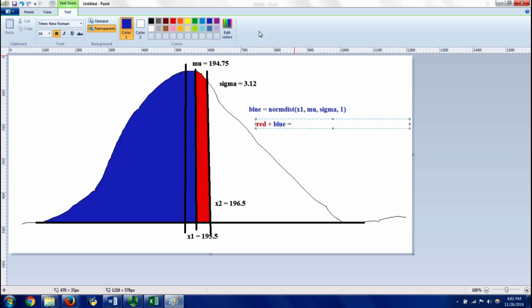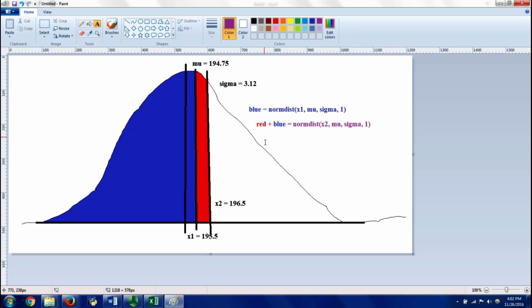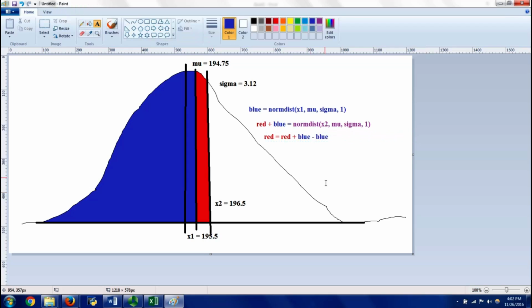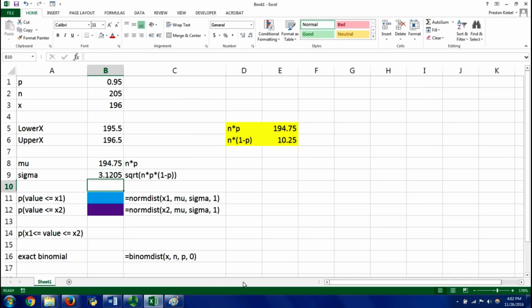Let's make it purple. Norm dist x2, mu, sigma, 1. So what I actually need is red equals red plus blue minus blue. Basically, I'm going to do this by subtraction. I can get the red plus blue with norm dist x2, and I can get the blue, and then I have to subtract. That's how we do it.